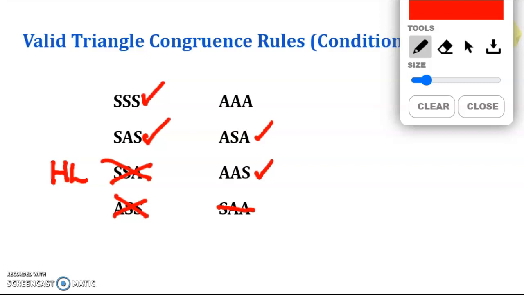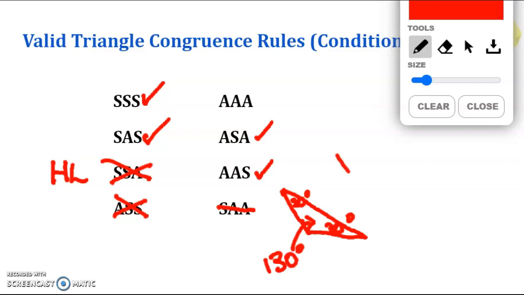Okay, what about angle, angle, angle? Well, let me draw a quick one. Let's say this is 20 degrees, this is 30 degrees. What's this going to be? This is going to be 150, so this has to be 130 degrees.